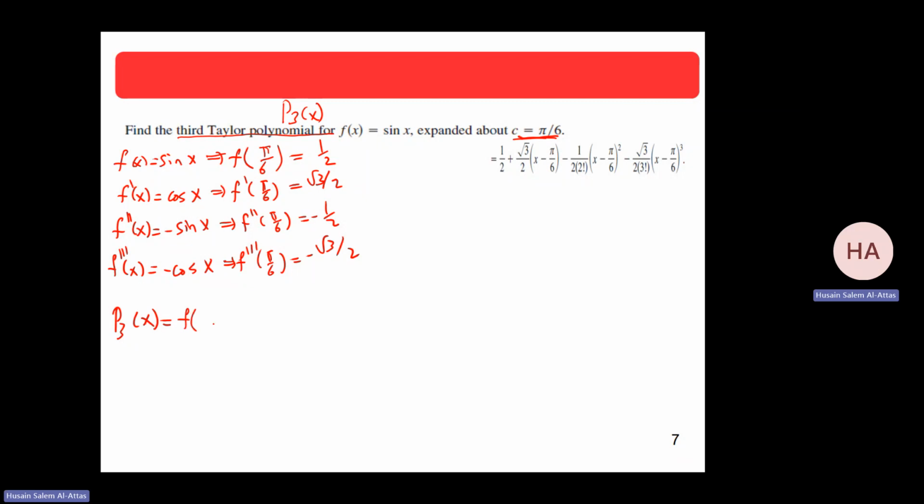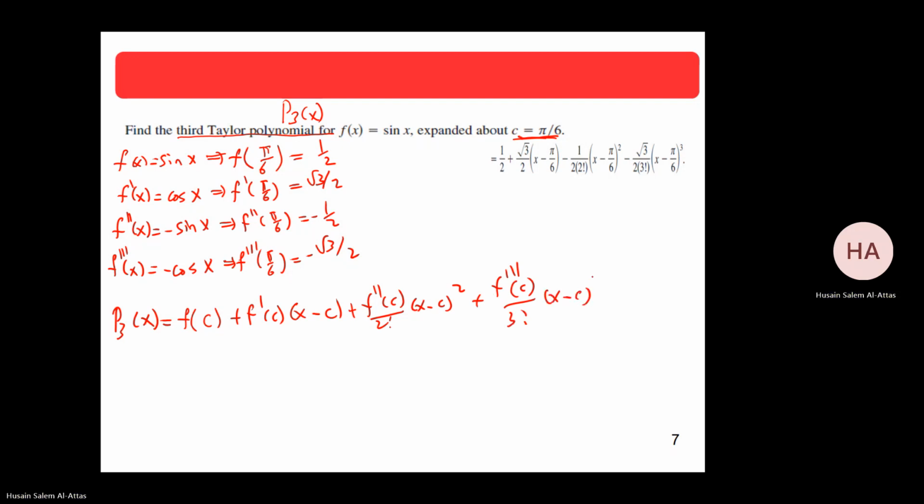It will be f of c plus f prime at c. Let me write the formula. By the way, this is mainly the section. So f of c, half. f prime of c times x minus c, and c is pi over 6.